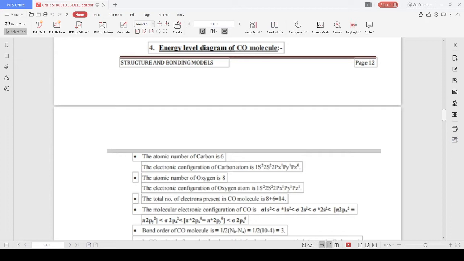Today I will be explaining the carbon monoxide molecule in molecular orbital theory.